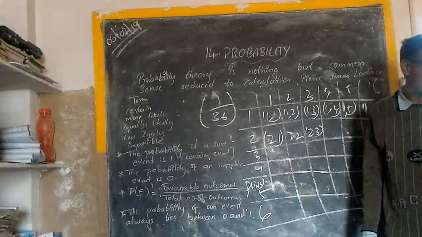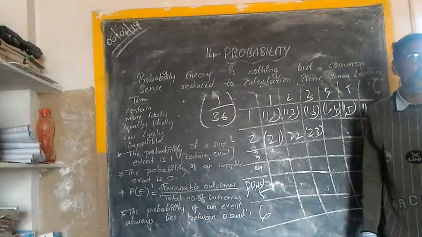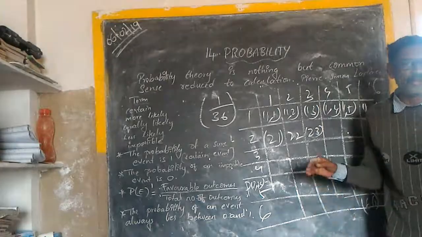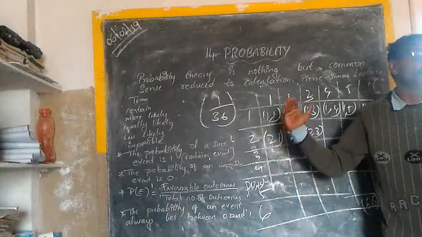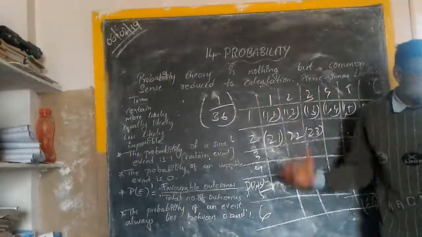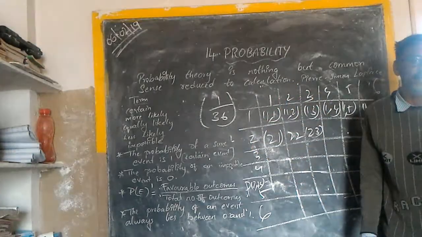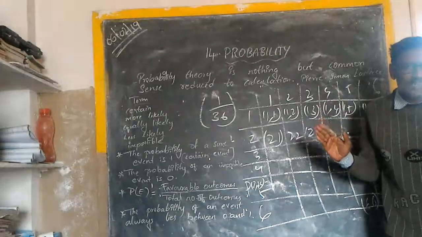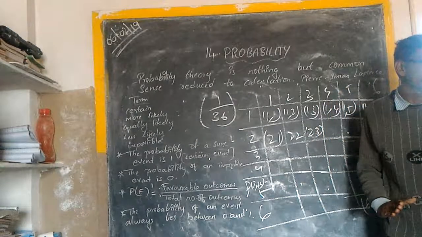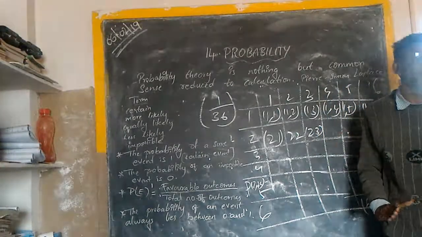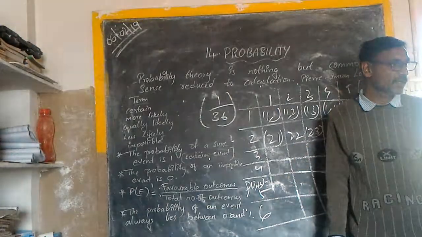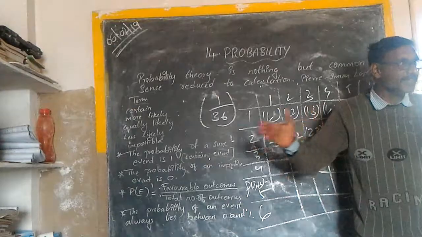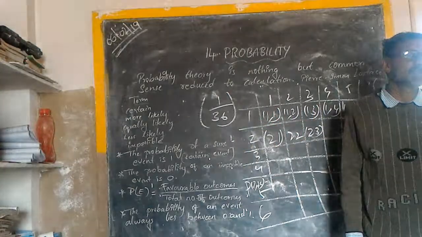To understand probability, first you should know probability is nothing but the favorable outcomes by total number of outcomes, or you can say probability is the ratio between favorable outcomes and total number of outcomes. Probability always lies between 0 and 1. Sum of all probabilities is always equal to 1.